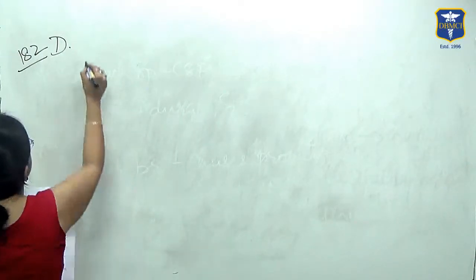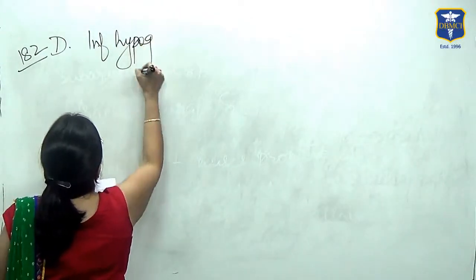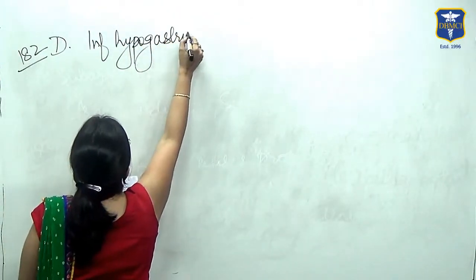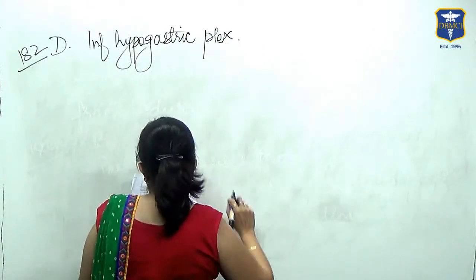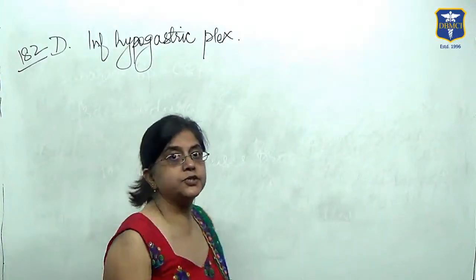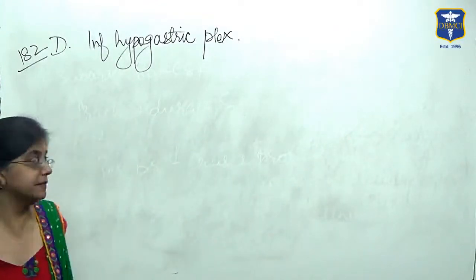The inferior hypogastric plexus lies in the extraperitoneal connective tissue of the pelvis.